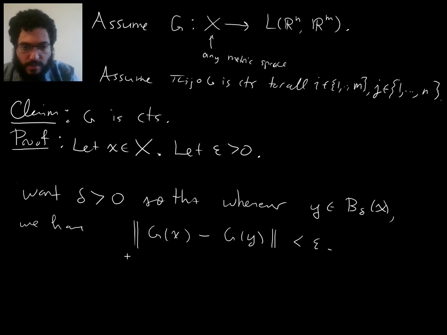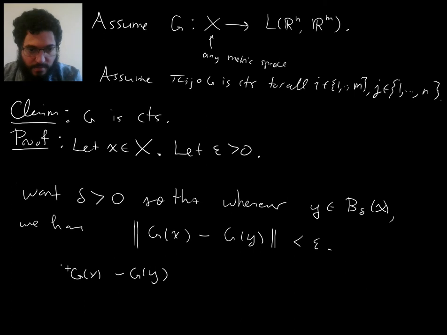So how do we reason about this norm? Well, it's the norm of a linear map, right? So it's defined to be the maximum or the supremum of the lengths of output vectors that you get when you input vectors of at most unit length.